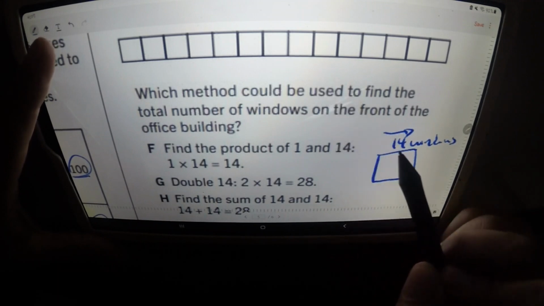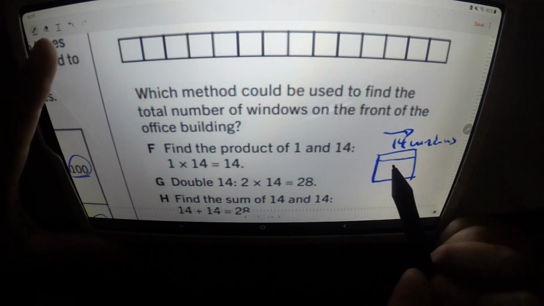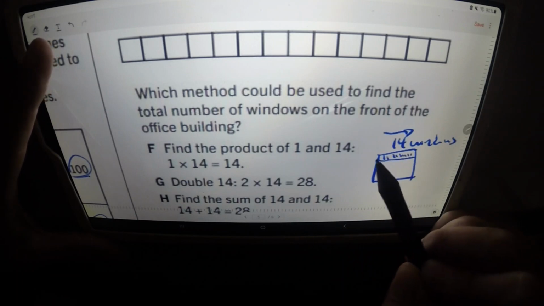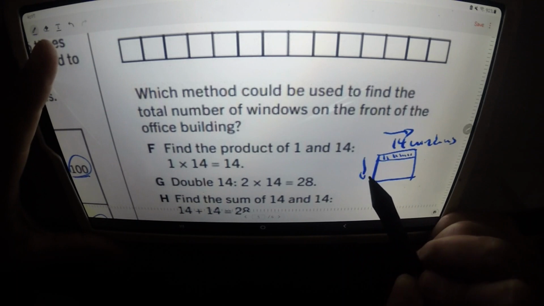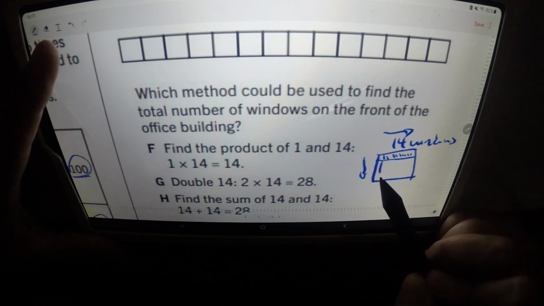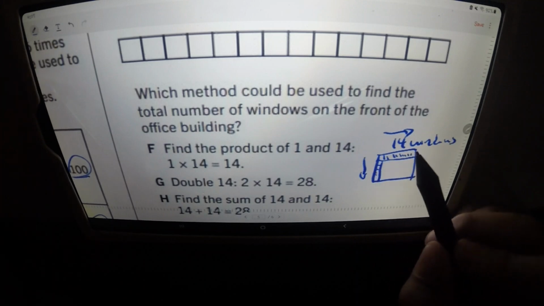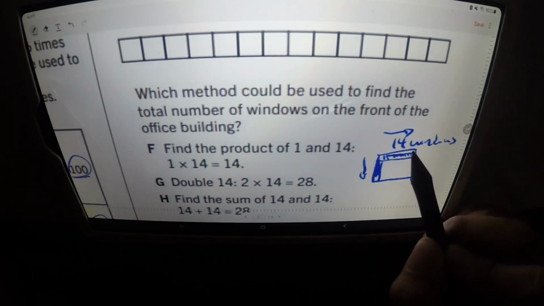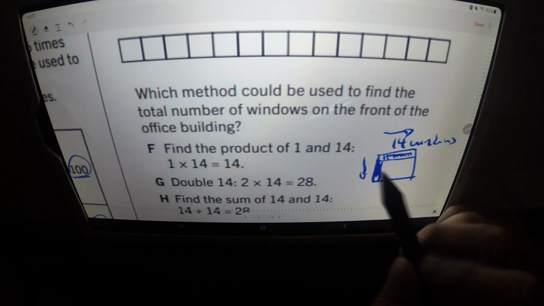And if this is just for example, not exact, how many windows are down this way? A perfect square is the same length on this side as on this side. So if this is 14 windows, this one has to be what?